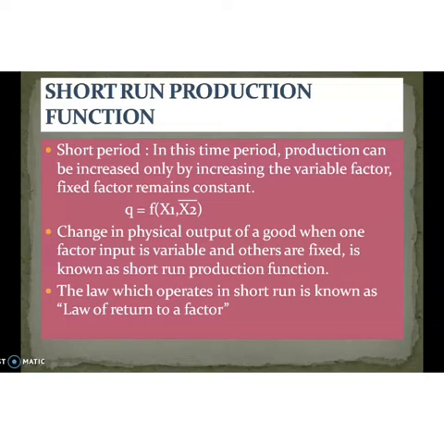The producer can increase production only by increasing the quantity of one factor, that is the variable factor. The other factors remain constant. So it is a relationship between output and one variable factor. In this production function, one law is applicable.